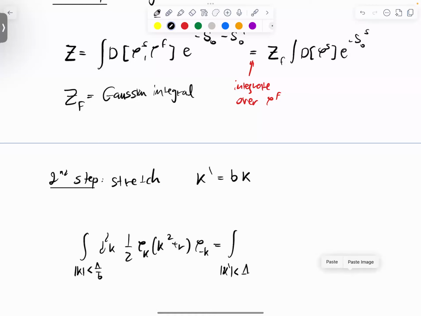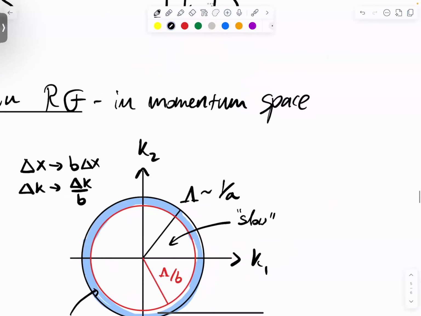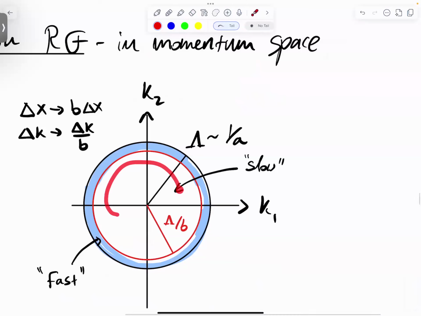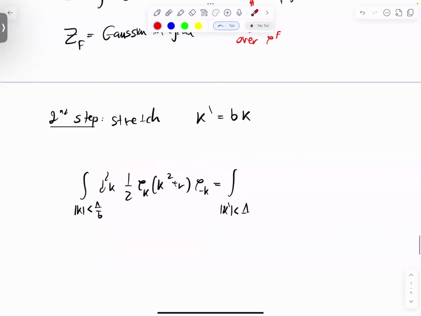Okay, so now I've basically taken this slow region here and stretched it out to the boundary, redefining the coordinate such that it goes back to the same value outwards. Okay, stretching it. And as a function of this stretching, I'm going to have some tree-level renormalization of parameters.